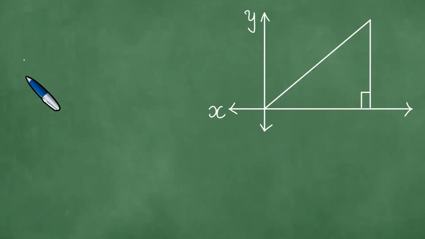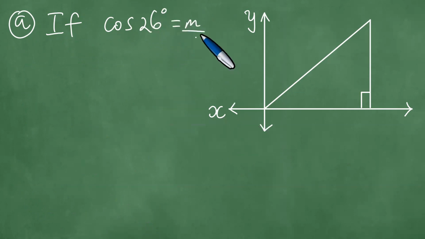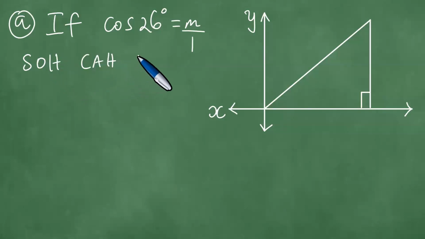First things first, we are looking at part A, where we have been told that the cosine of 26 degrees equals m. These are trigonometric ratios, so we're going to use SOHCAHTOA.